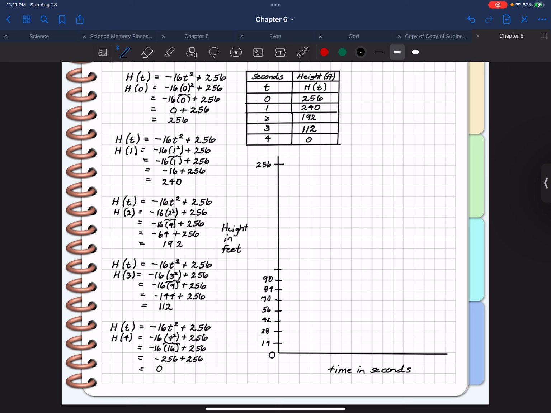I am using my calculator because I don't want to make a stupid mistake. Just be sure that you have the right values.